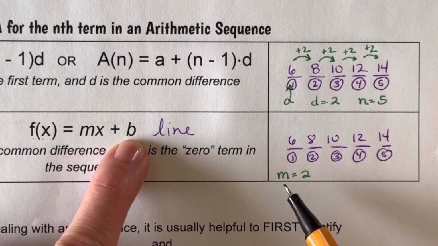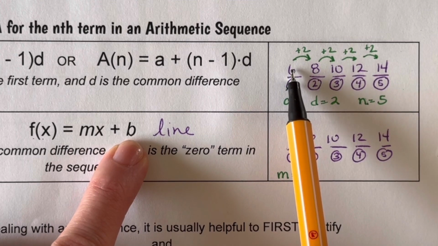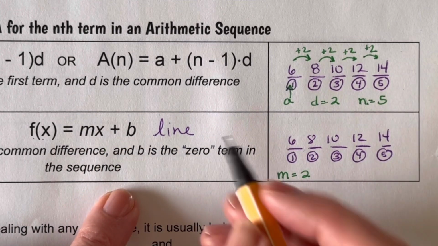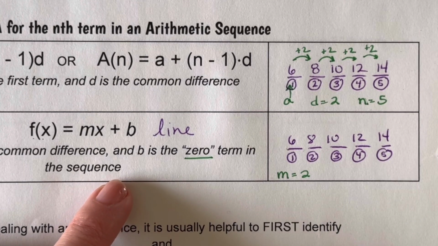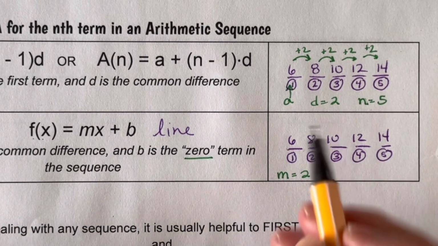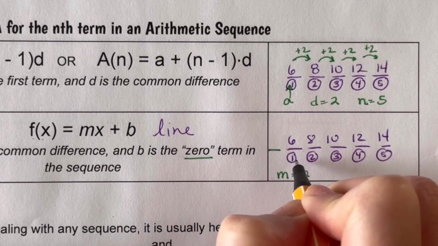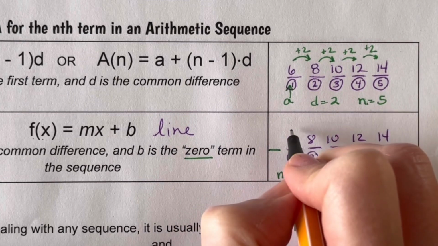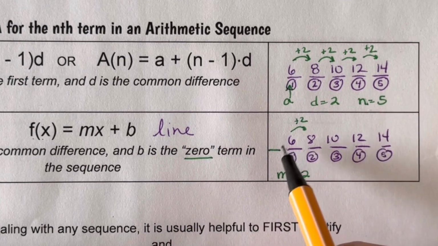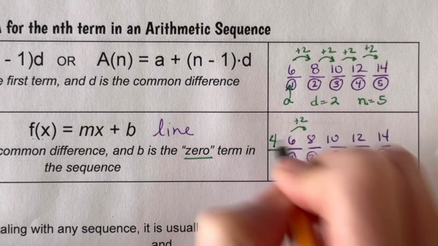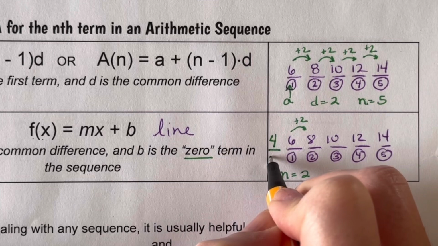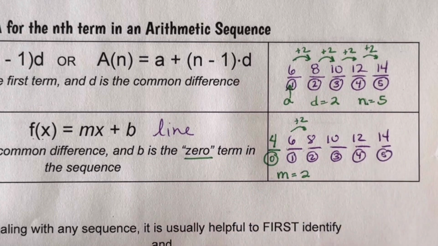Now B, instead of saying I'm going to start at my first term, B says I'm going to start at my 0 term. What in the world would be a 0 term? Well, a 0 term would be if I went back from my first term. If I'm going forward by 2, my 0 term means I'm going back by 2. So that would leave me at 4. My 0 term following this pattern would be 4.